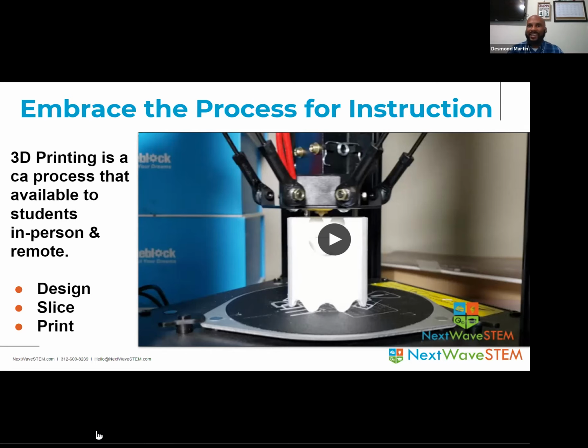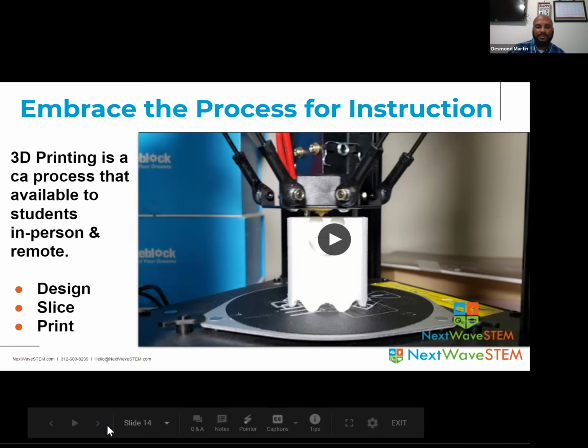You can think of sanding and painting and a couple of other post-printing processes that allow the 3D print to really come to life for them. These points of remote and hybrid learning become really, really critical to the kind of work that you might do with 3D printing.